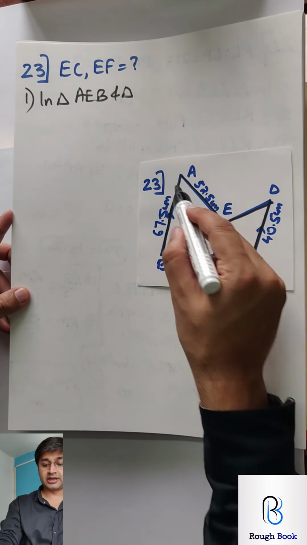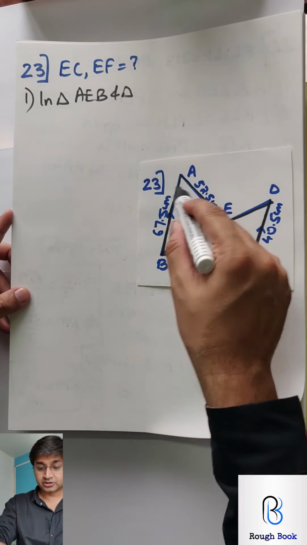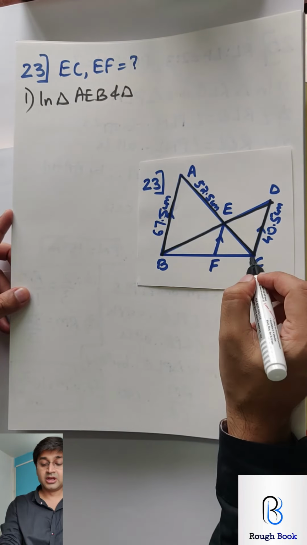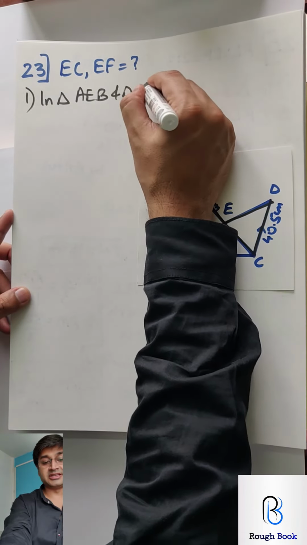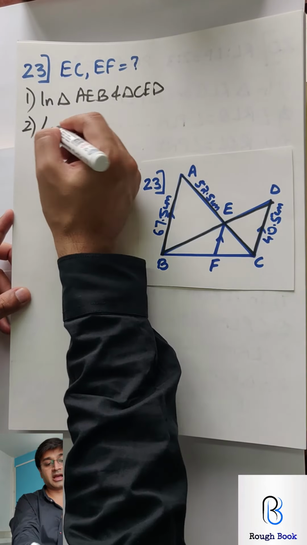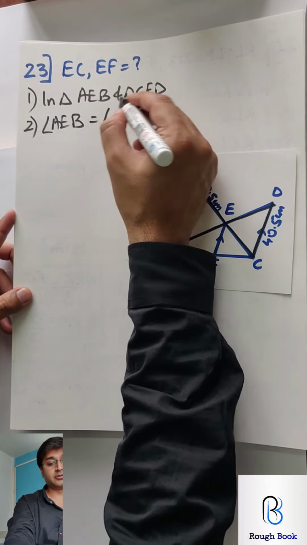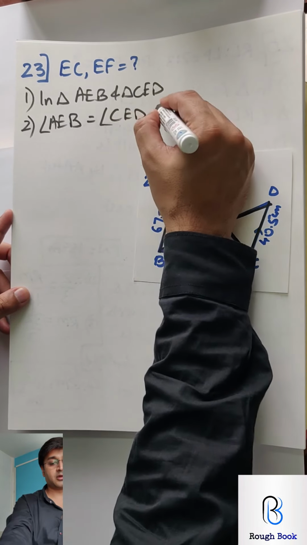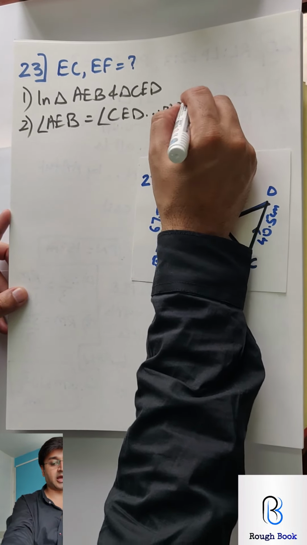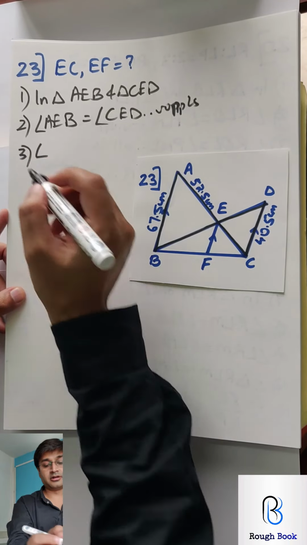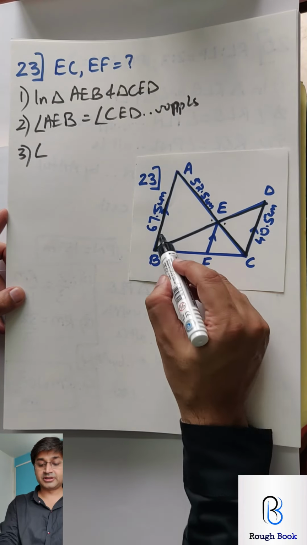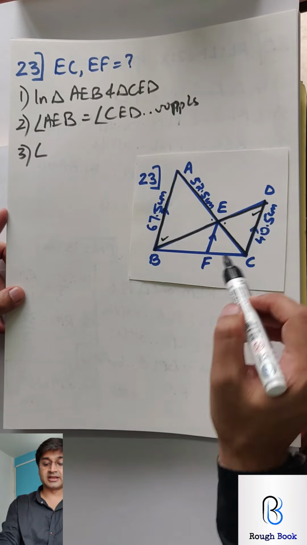So step 1, in triangle AEB and triangle CED, since it's alternate, the triangles are opposite, so the one-to-one correspondence will be CED. Don't forget that. Angle AEB is equal to angle CED, vertically opposite angles. Third, this angle is vertically opposite and now this one is alternate because lines are parallel.